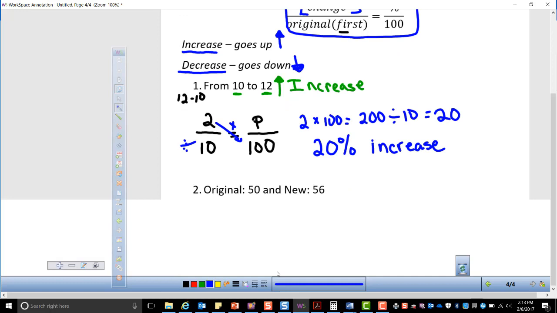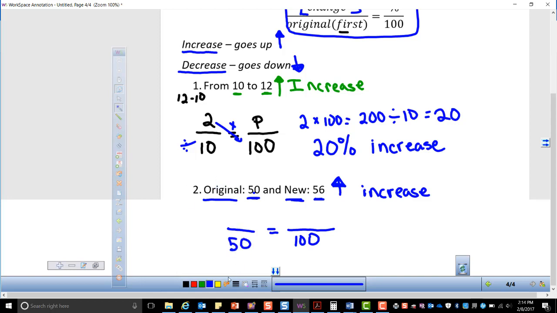Let's try another one. This one, the original was 50 and the new is 56. So you go from 50 to 56. That went up again. This one is an increase. And we can do our proportion. 100 is on the bottom. The original is 50. And now we need to find the change. If I go from 50 to 56, I went up by 6.